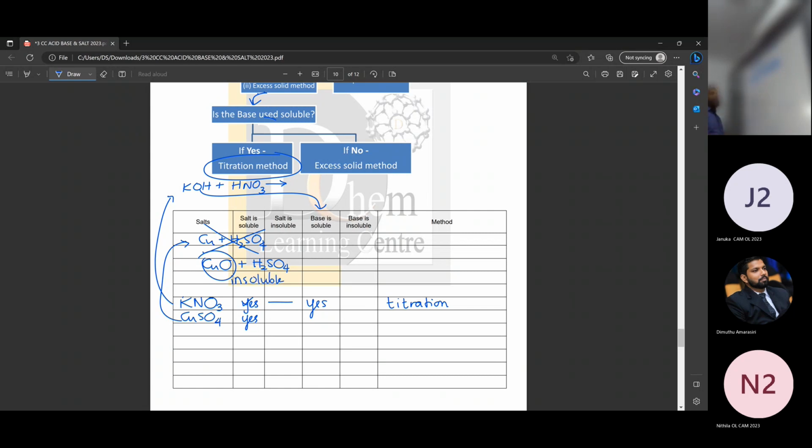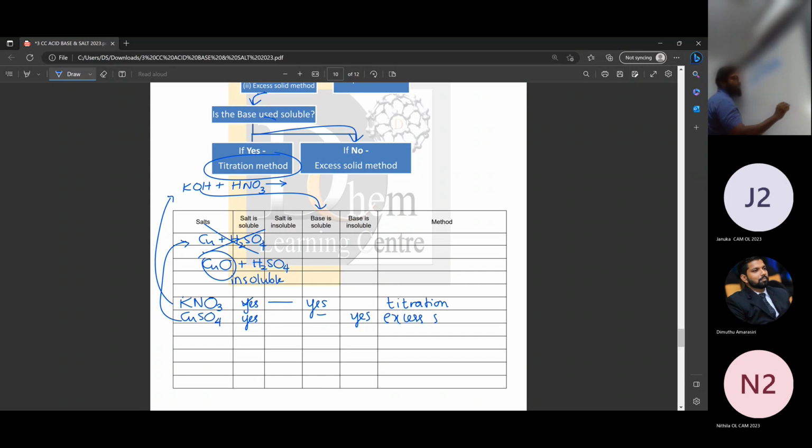Insoluble. Transition metal oxides are insoluble. It is memory and rule solving. So it is coming under this pathway. Then you have to use what? Excess solid method.